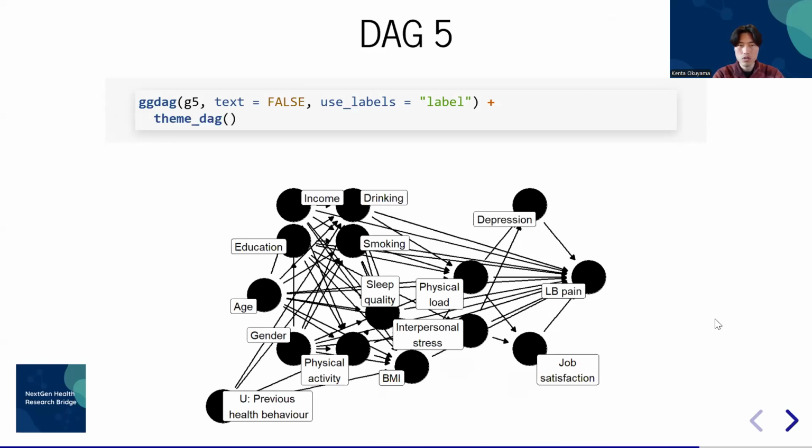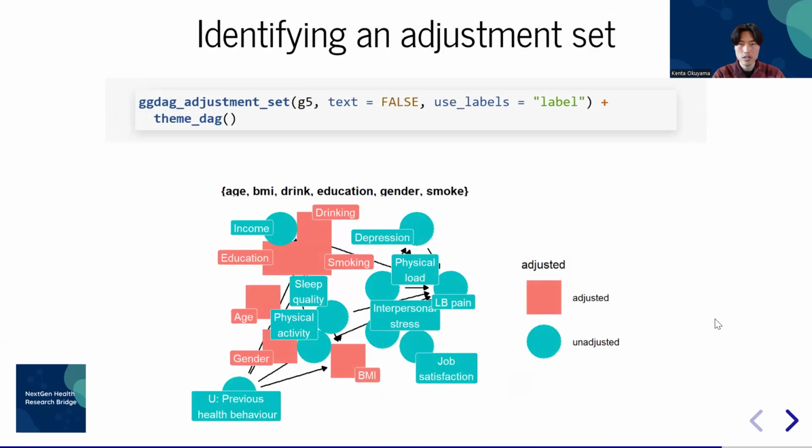So we can use the ggdag adjustment set function to identify which variables need to be adjusted to block the open backdoor paths due to this newly added unmeasured previous health behavior. Now this navigates us to adjust for age, BMI, drinking, education, gender, and smoking.